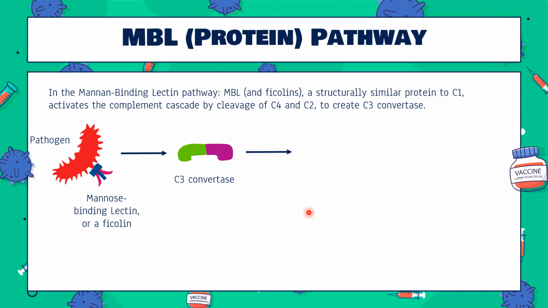C5 convertase. Perfect. Okay, thank you so much. So someone wrote out the entire thing, which is completely correct as well. C4b2a3b, which is known as C5 convertase. C5 convertase will act on C5 to cleave it into C5a and C5b. C5b will then bind to C6, 7, 8, and 9 to give me my membrane attack complex.